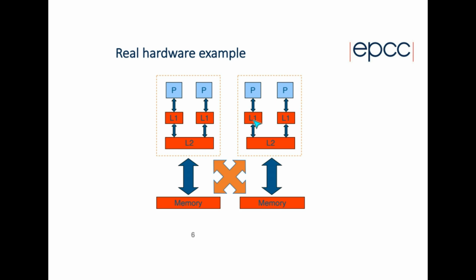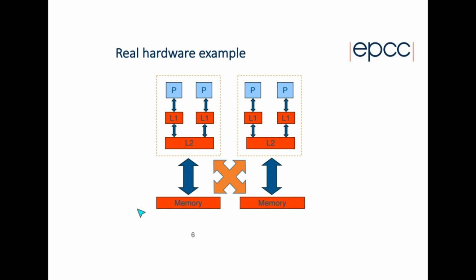Each of these processors has its own level 1 cache, and they share a level 2 cache. And then there's some interconnect here which allows processors not only to access their own memory, but also to access the memory belonging to other groups of cores.